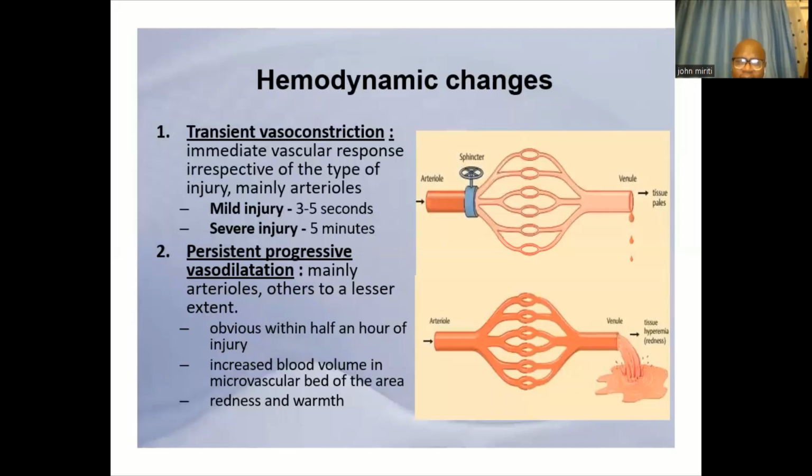The second photo is about persistent progressive dilatation, where the arterioles and venules are dilating to encourage a lot of blood, and the capillaries also start enlarging. So there is a lot of blood there to bring oxygen, glucose and other cells to the cells which are fighting, and also to carry away toxins and dead cells at that point of inflammation.